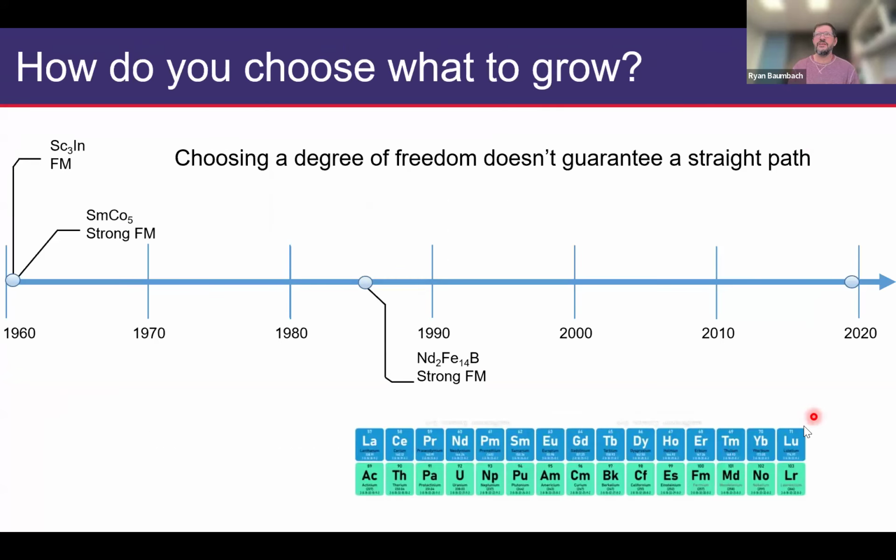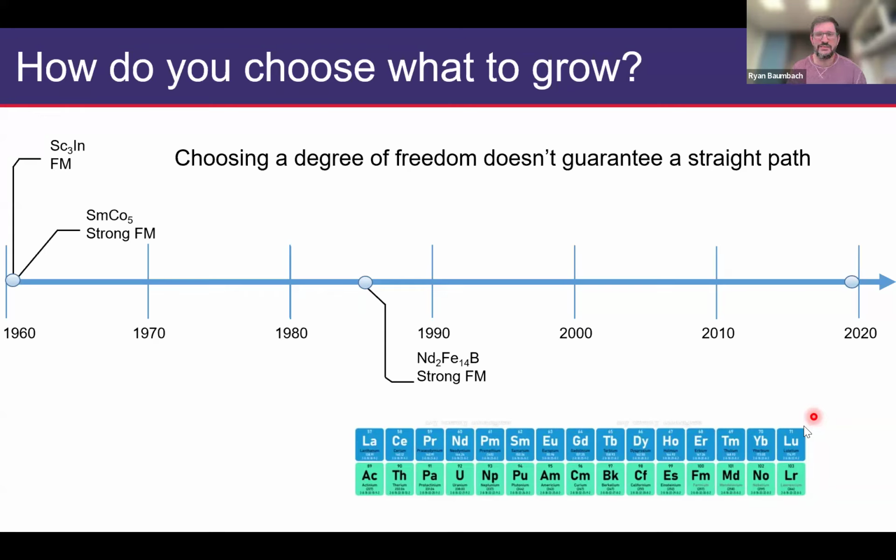Now I just want to give one quick example of how this has happened historically, because it's one of my favorite examples, but it is a stand-in for almost any other set of phenomena that you could think of. When we set out to create things, we need to zero in on a degree of freedom.